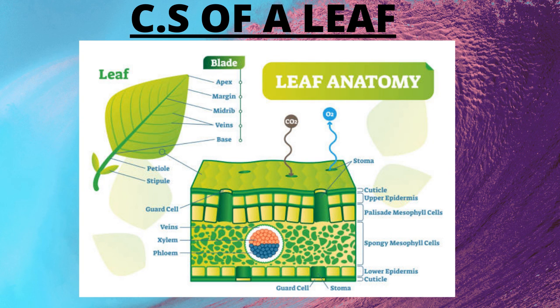To know this, first of all, let's understand the cross section of a leaf. If you carefully observe the cross section of a leaf under the microscope, we can notice the following. The uppermost layer of the leaf is called the upper epidermis. The upper epidermis is made up of closely packed rectangular shaped cells, and the upper epidermis is covered by a thick layer of cuticle.